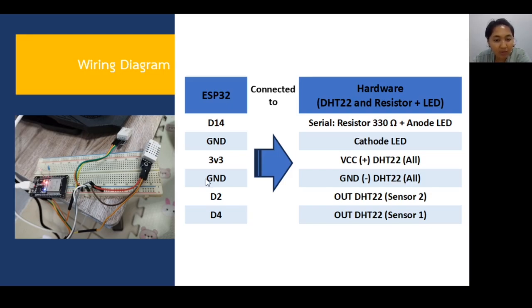Another pin ground is wired to the pin ground of all DHT22. And then pin D2 is wired to pin out of the DHT22 as sensor 2, and pin D4 is wired to the pin out of the DHT22 as sensor 1.